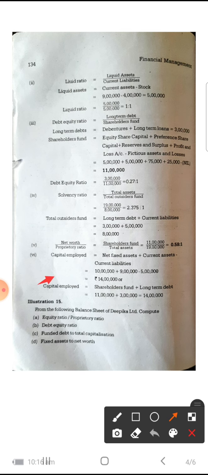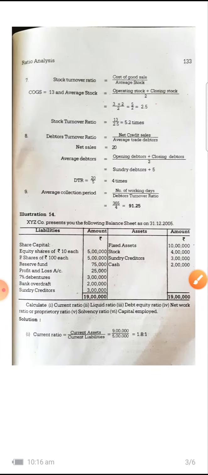Now the next question asked is net worth, and proprietary ratio is equal to shareholders fund divided by total assets. Proprietors ratio they have asked. So shareholders fund 11 lakh, total assets 19 lakh, so it is 0.58 is to 1.